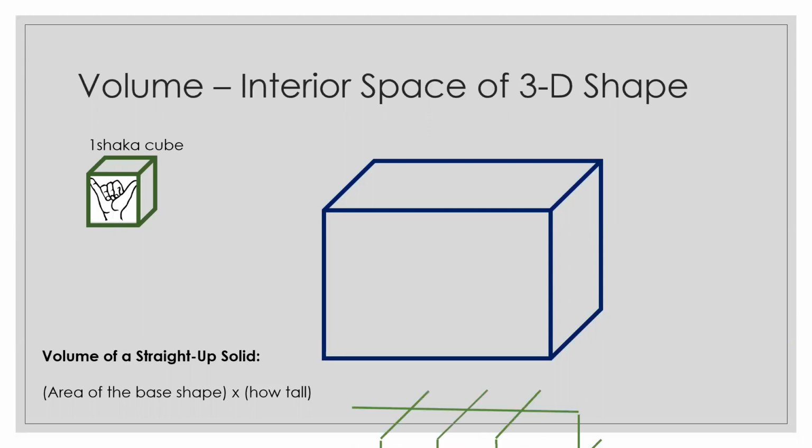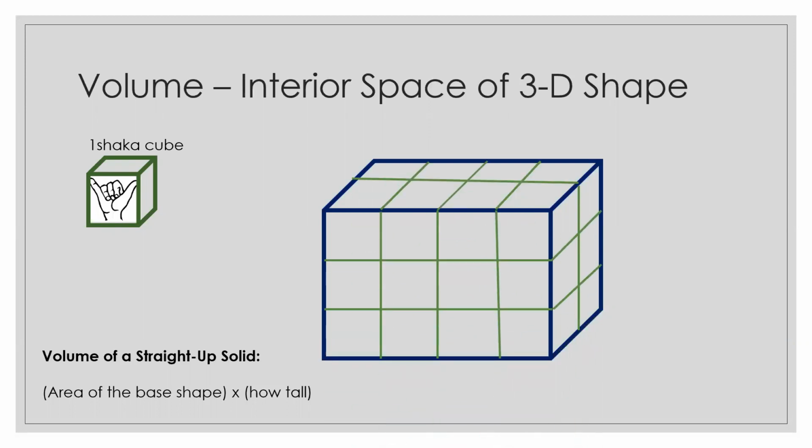Okay, so I'm going to draw some lines, and there it is. So let's count. How are we going to count this here? How many cubes do you count? Well, let's take a look at the top because it's more obvious than taking a look at the bottom.